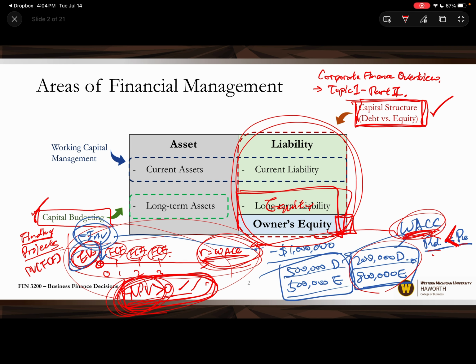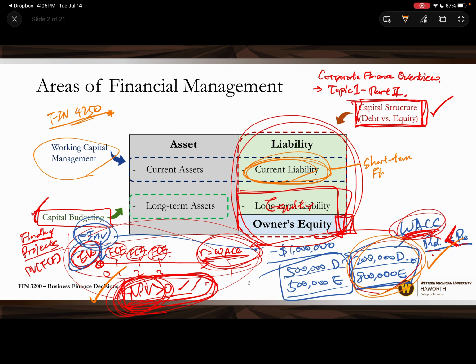Okay. And lastly, we have the working capital management decision that we didn't really talk about in this course. I teach this course in the fall, actually, 4250. Okay, so where we talk about, now the project is identified, we've decided on the capital structure, now the operation is on the way. Okay, now your job is to make sure that you're able to meet the interest payments, these short-term financial obligations.